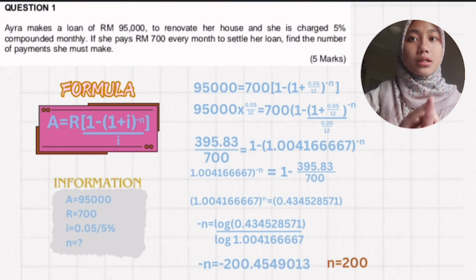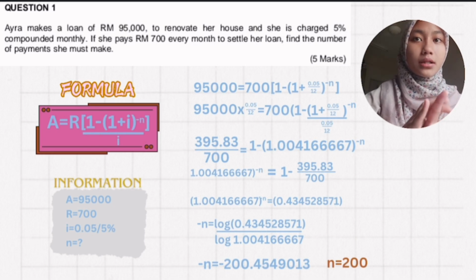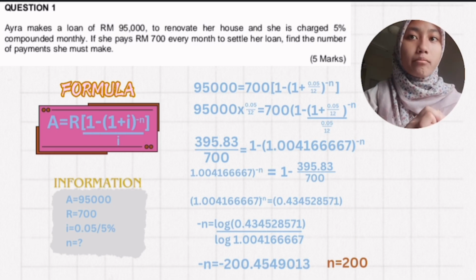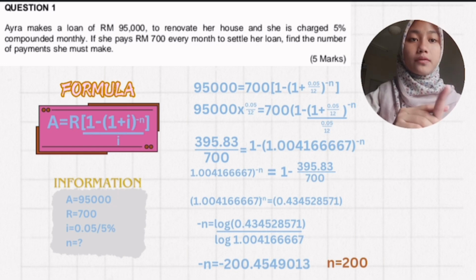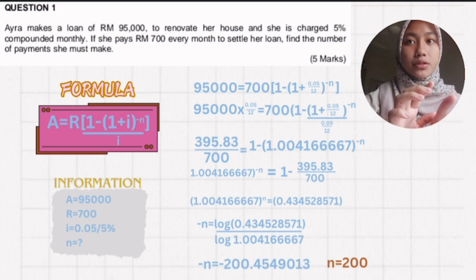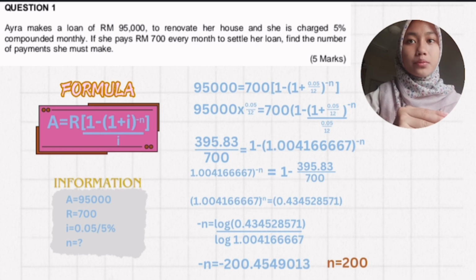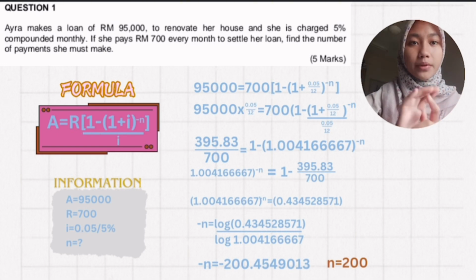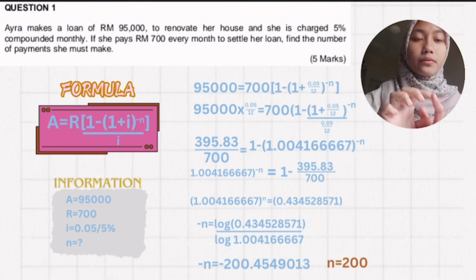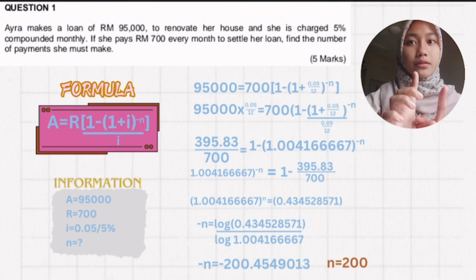The answer is 0.43452857 in bracket. Then we need to put negative n in one place. So this part, 1.004166667, we need to put it below, with 0.434528571 in bracket.